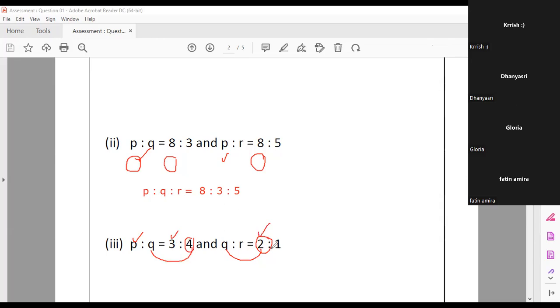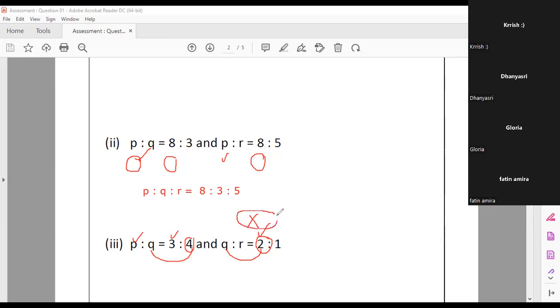What shall we do? It's a bit like fractions. You have to change by multiplying. All right, what do we multiply? The 2 times by whatever number that makes it 4. So 2 times 2.